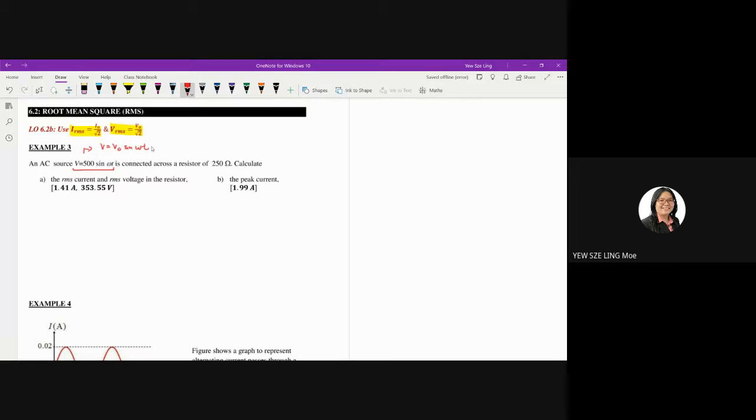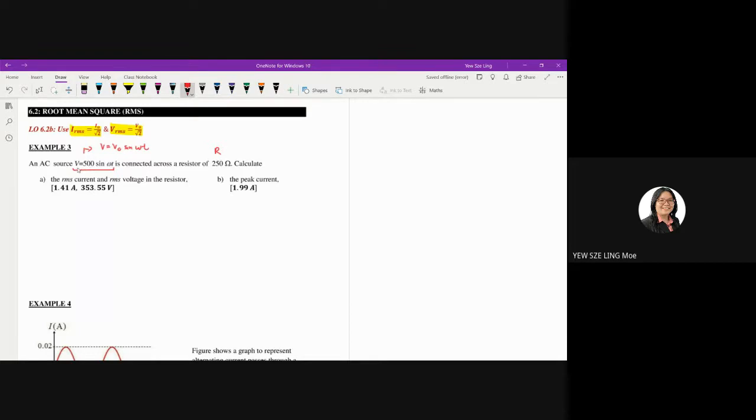It's connected across a resistor of 250 ohm. So this is the R. Calculate the RMS current and the RMS voltage in the resistor. So how are we going to calculate? It's very simple.